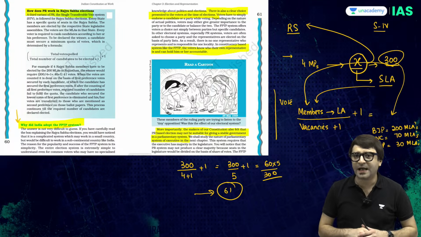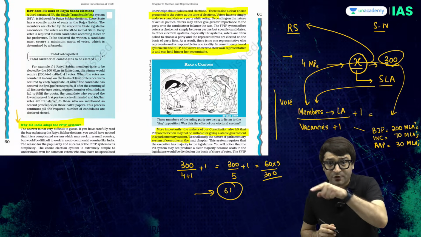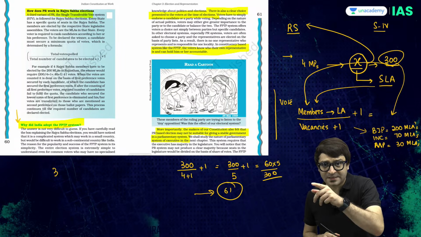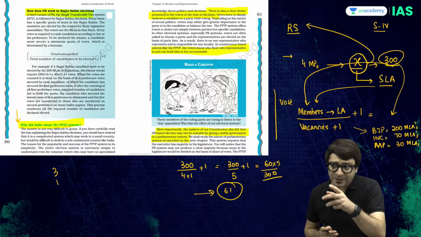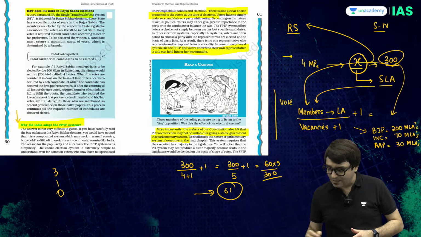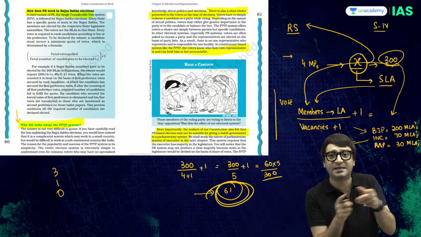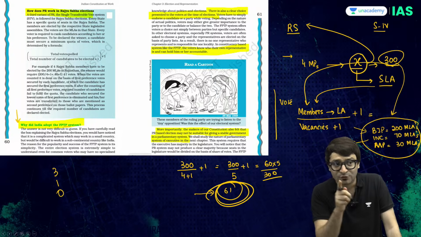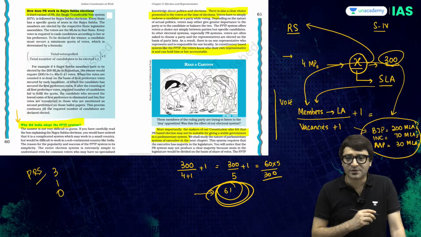Can you tell me how many MPs in Rajya Sabha will be from BJP from the state X? 3. How many MPs in Rajya Sabha from the state X will be from the Congress? 1. How many MPs to Rajya Sabha from this state X will be from the Aam Aadmi Party? 0. Why? Because Aam Aadmi Party does not have the minimum number of votes required to get their candidate elected. So what is this? In proportion to your representation, those many seats you will get. What is this? This is proportional representation system.